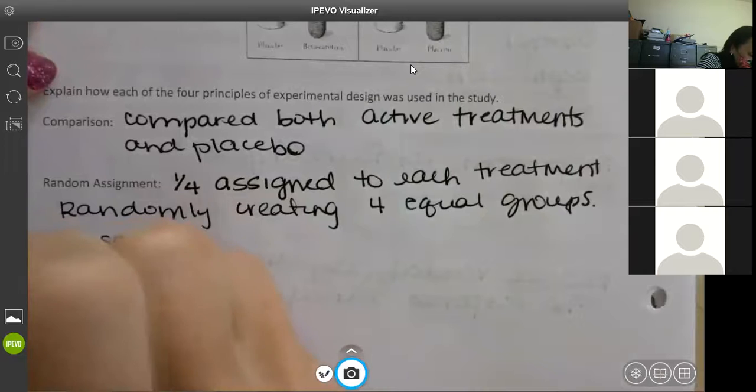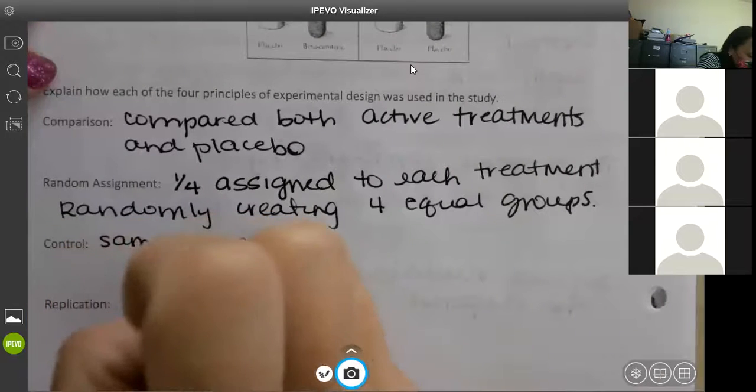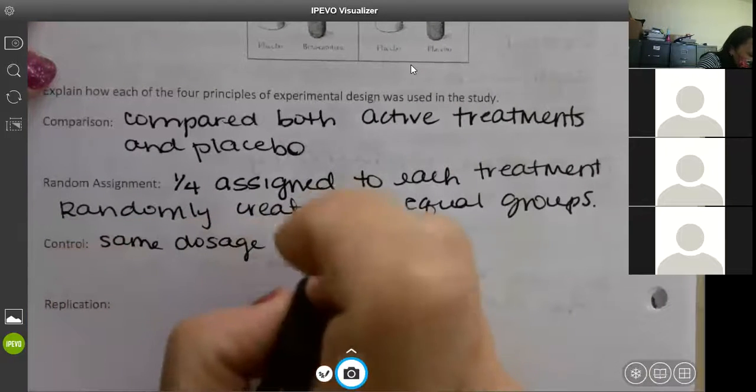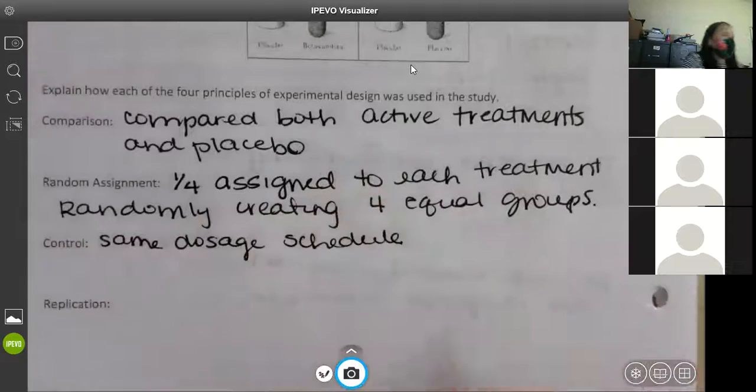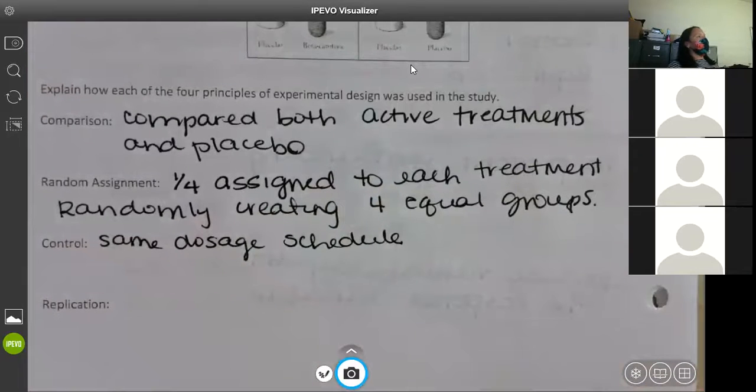Everybody was on the same dosage schedule. Not only can you control the treatments that you're given, but what are some other things that they controlled? They all took the same thing, right? Pretty much. That dosage schedule.